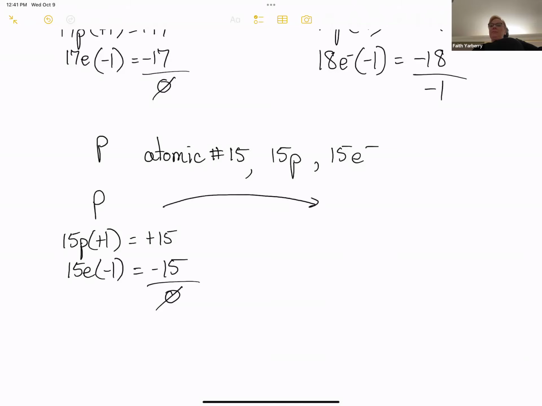Non-metals gain electrons to form anions. Phosphorus is in group 15. What charge does a group 15 non-metal have? -3. So it makes P3-, meaning it has 15 protons because that can never change.